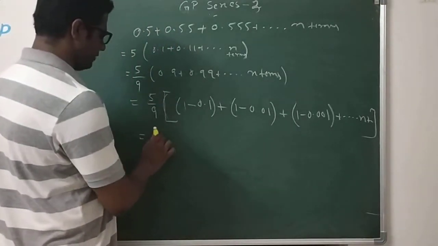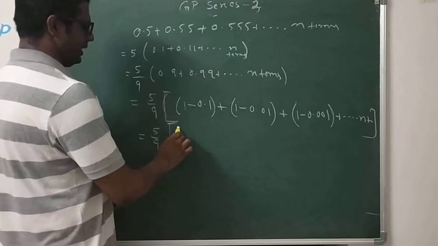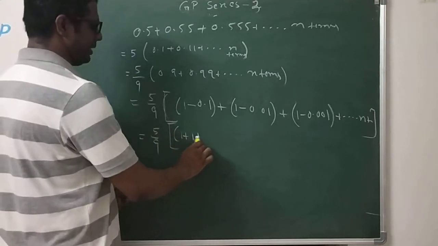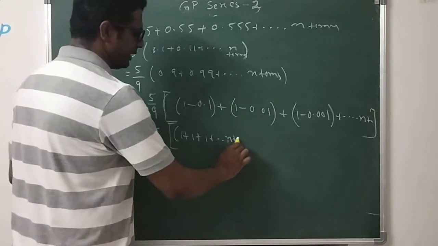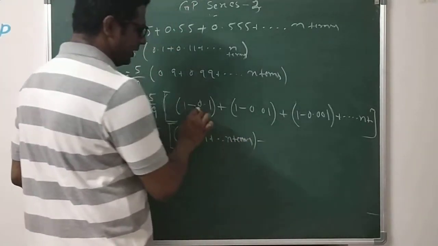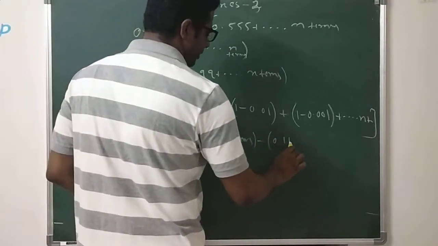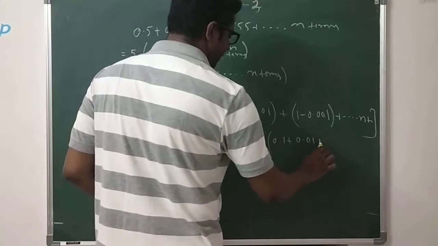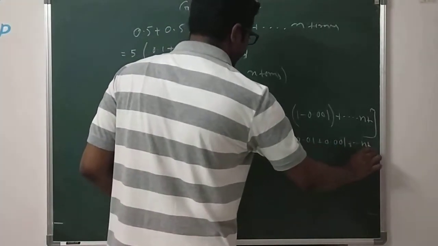So here it is 5 by 9. I can say 1 plus 1 plus 1 plus 1, these ones I will be segregating to n terms, minus, taking common from this, 0.1 plus 0.01 plus 0.001 plus n terms.